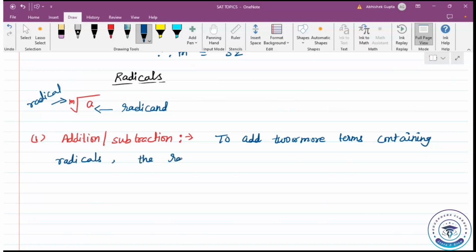The radicand and radical both should be the same in all the terms.